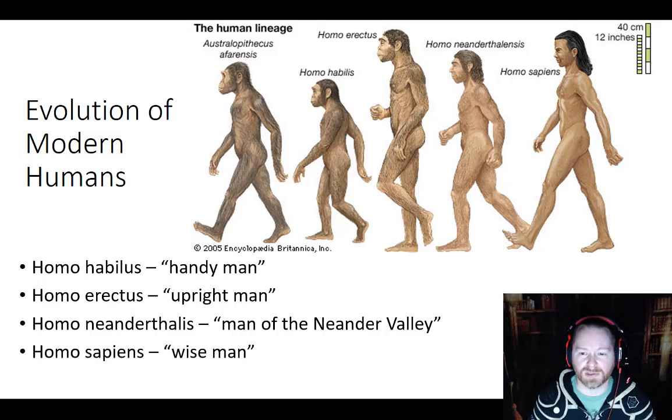And then we have Homo sapiens, which is our own species, and we call ourselves wise man. It's a little bit of a tip of the hat to ourselves because of our brain size. We think ourselves to be pretty smart, not in a glorified way, but just compared to others. We are pretty good at using tools.